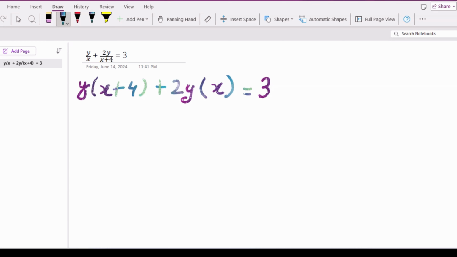All right. So this x and x plus 4, since we are taking the LCM, they would also get multiplied with each other. So we would have here x into x plus 4. Now we need to distribute this y value to this parenthesis. So it would become what?